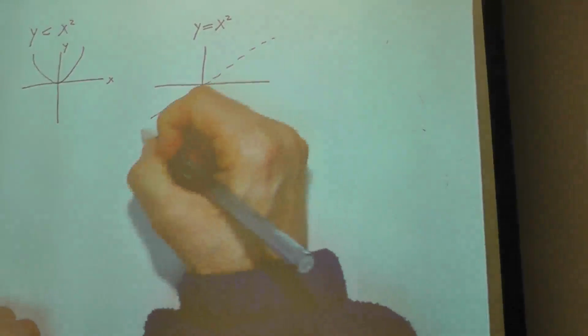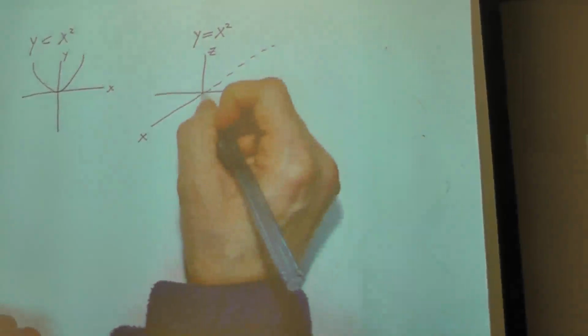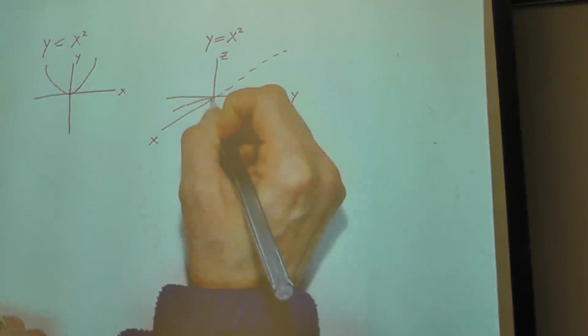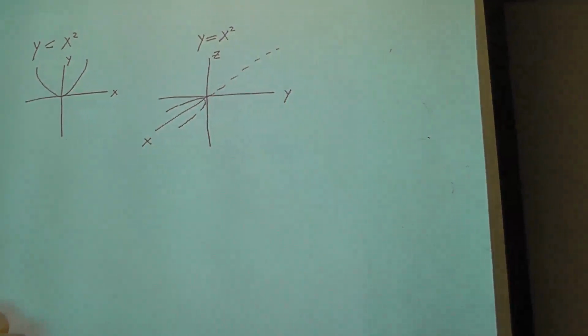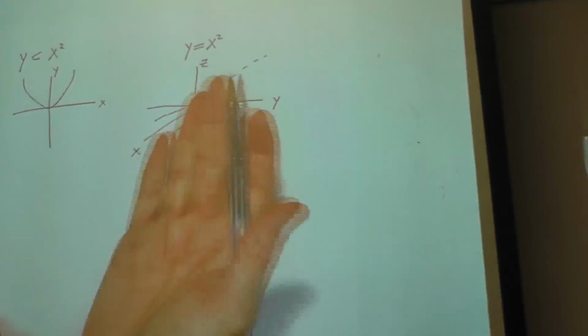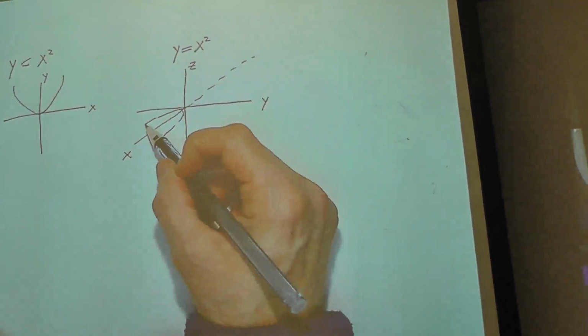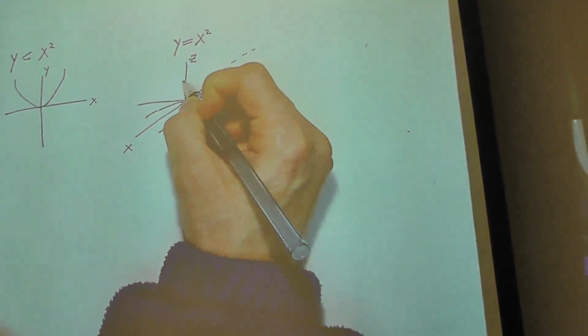My parabola comes out along the positive x-axis, and basically I take this shape in the xy plane and lift it up and down along the z-axis.